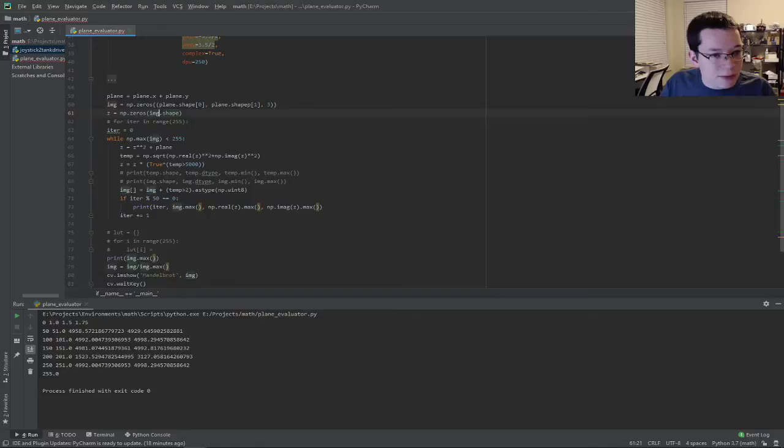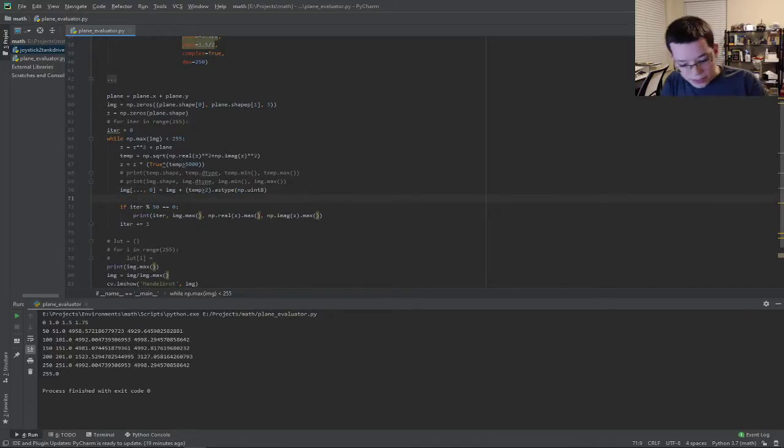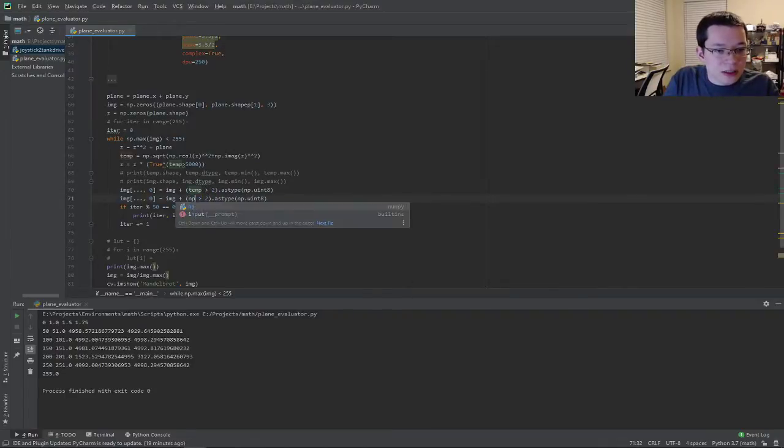And we'll change this to be plane.shape. And over here we'll say all of image channel 0. So this will be blue, green, red. So the blue channel will be the total magnitude. This one will be real, so this will be green.